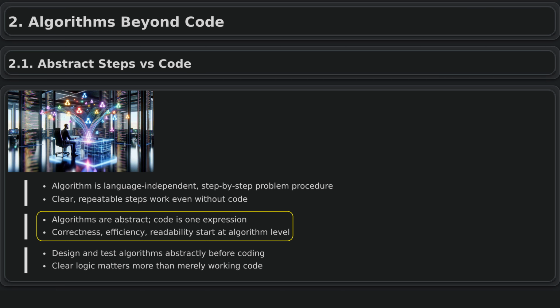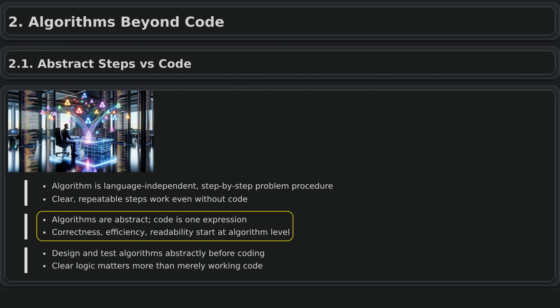Code is the way we express an algorithm so a computer can run it, using different languages and styles, but the core concerns are always correctness, efficiency, and readability. Correctness means the steps reliably produce the right result without errors.